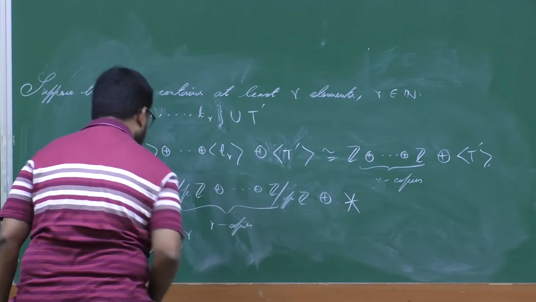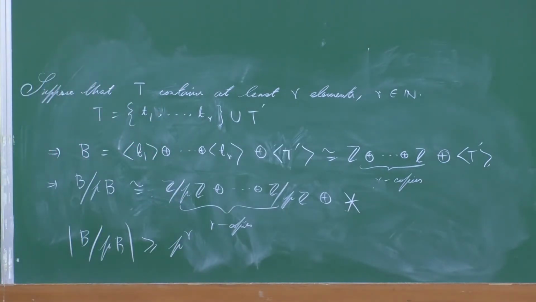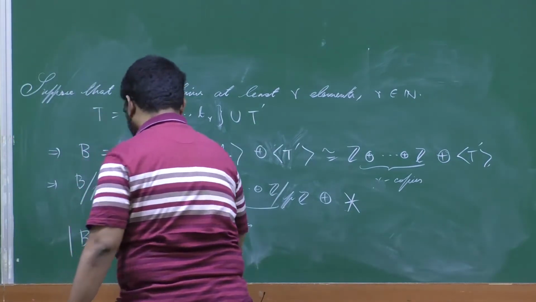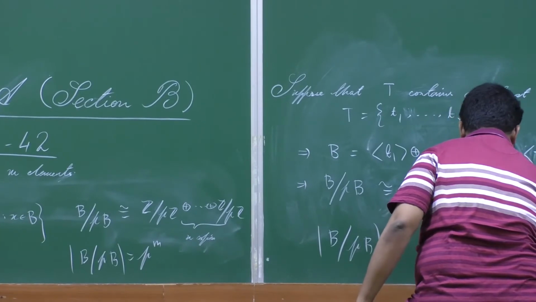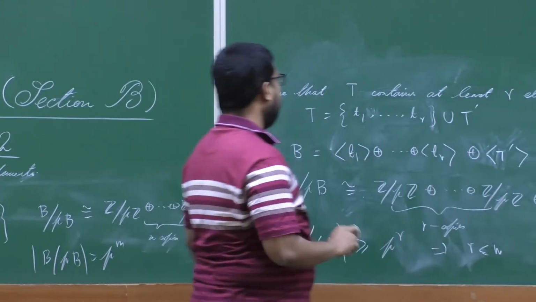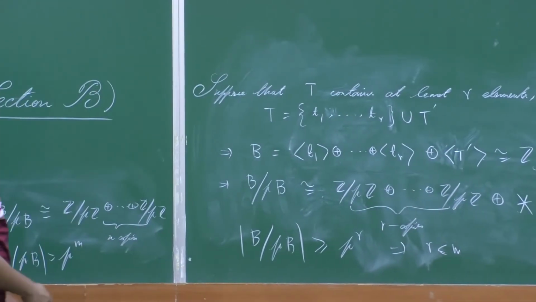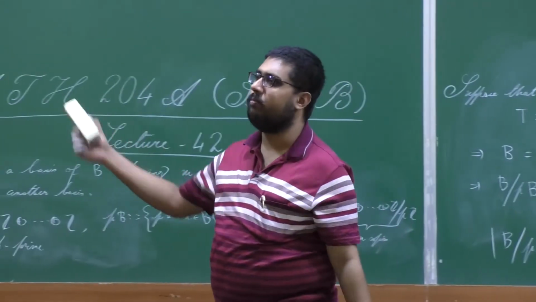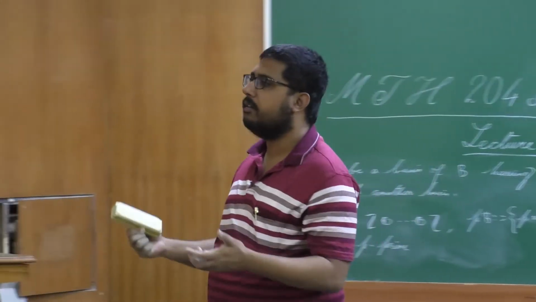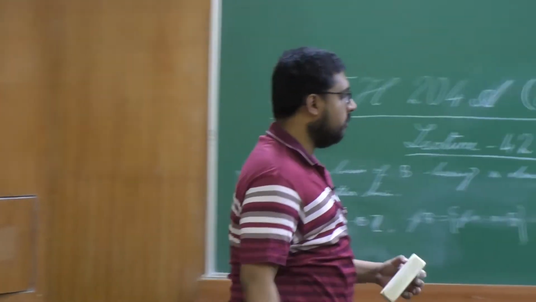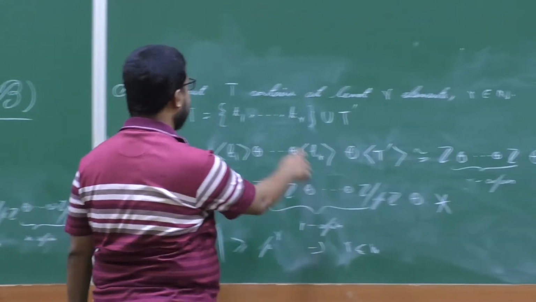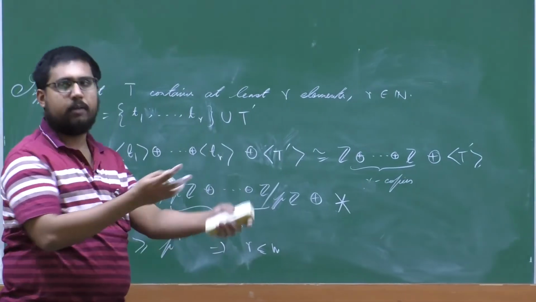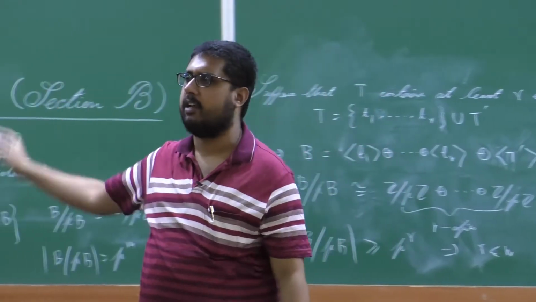So this shows that the number of elements in B modulo pB is at least p to the power r, right, at least p to the power r. So therefore what do you obtain comparing these two? From these two it follows that r is less or equal to m. So what we have observed is if T contains some r elements, there could be more, then r cannot exceed m, right. If you are able to find r distinct elements in T, whatever r be the natural number, then we see it cannot exceed m.